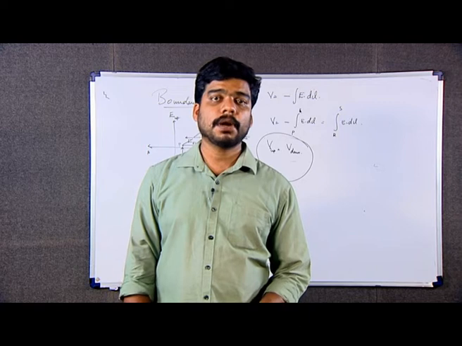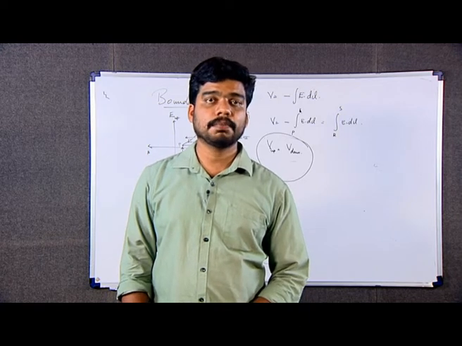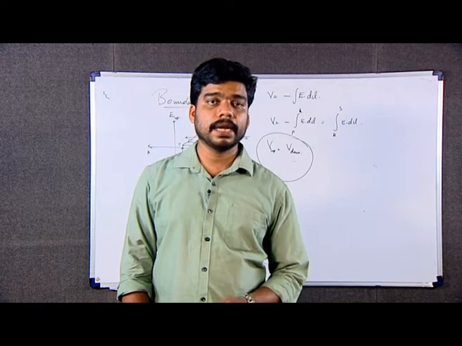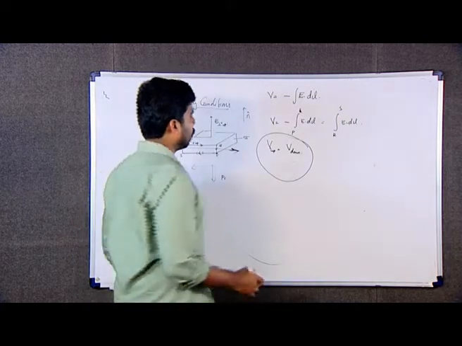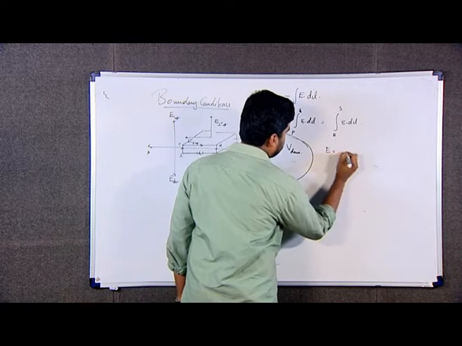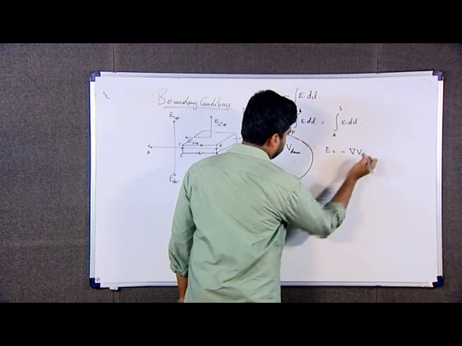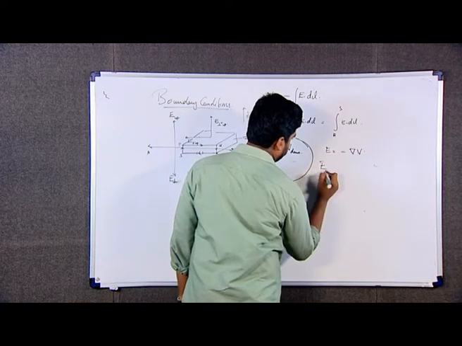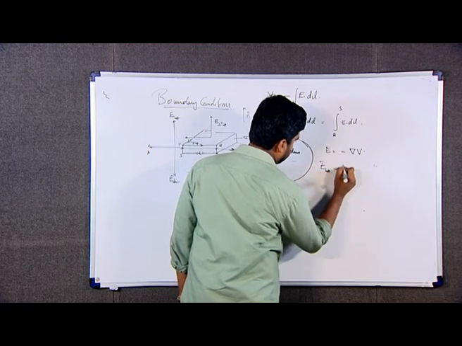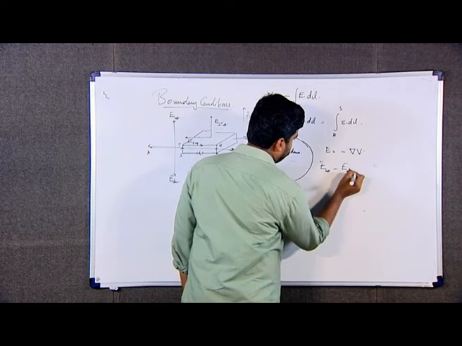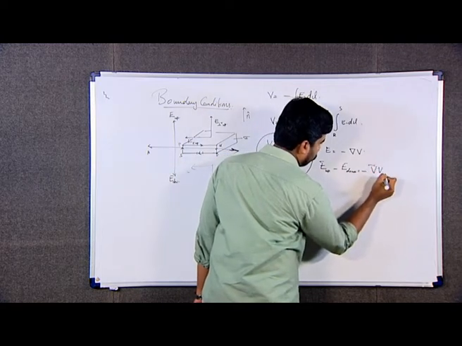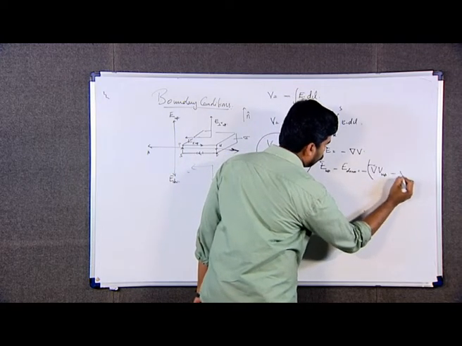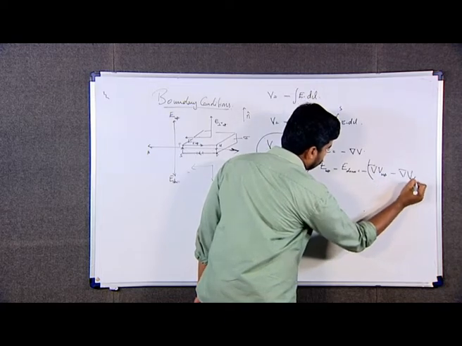And what about the gradient of the potential? According to the gradient of the potential we can also find out, because the electric field is nothing but the negative gradient of the potential. From this expression we know that E up minus E down is equal to minus of del V up minus del V down.